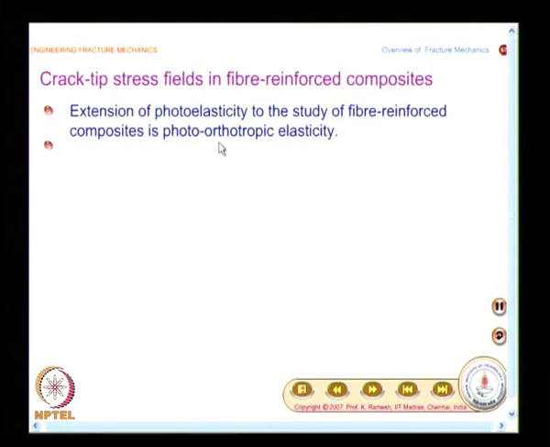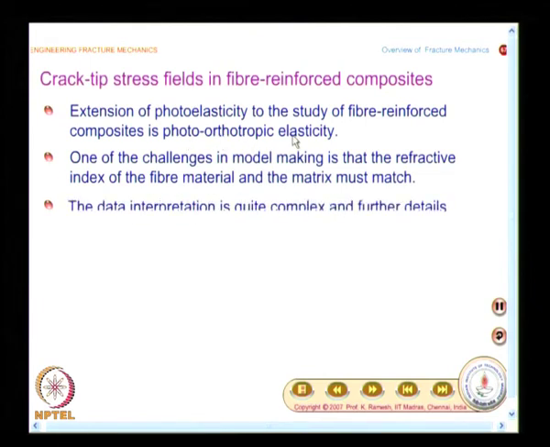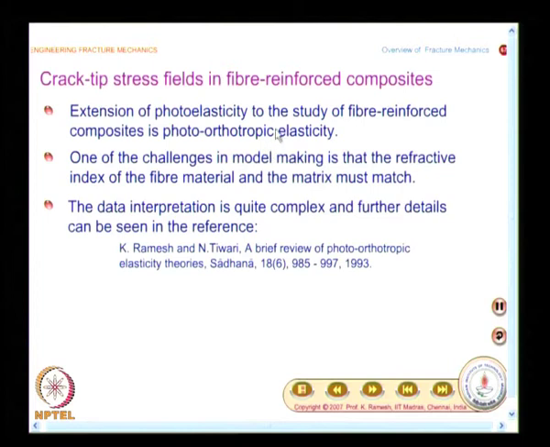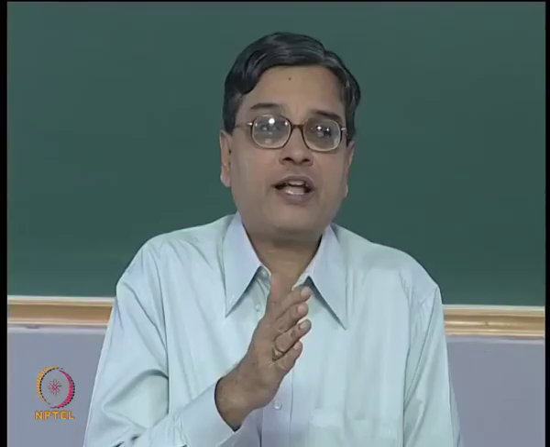So, you have photoelasticity, you also have photo-orthotropic elasticity. For a restricted class of problems, you have the results. When you have a matrix reinforced by fibers, how do they fail? One of the challenges in this is how to make a model which is transparent enough.